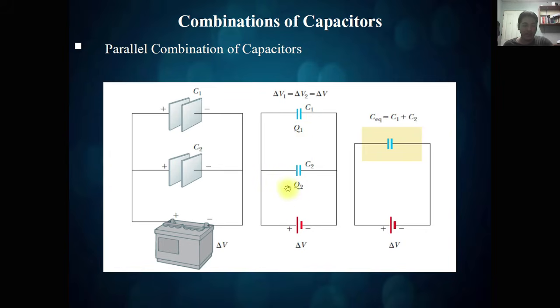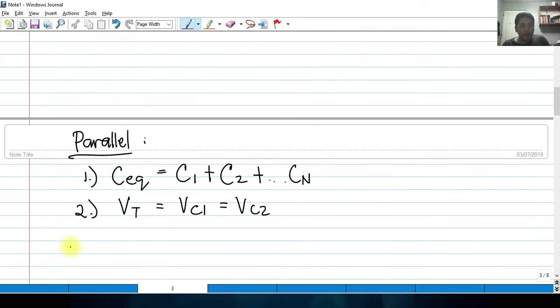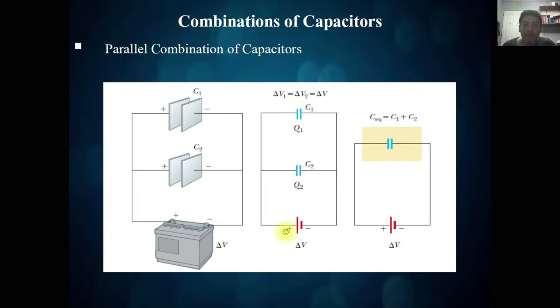Okay? So, number 3, we have to remember that the total charge in the circuit is actually equal to the charge through capacitor 1 plus the charge through capacitor 2. In other words, these two capacitors don't have the same charge because they are connected in parallel.